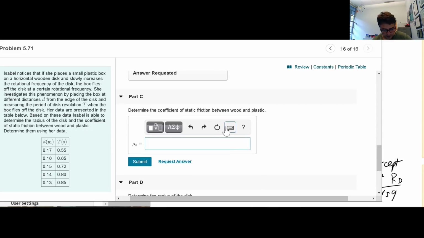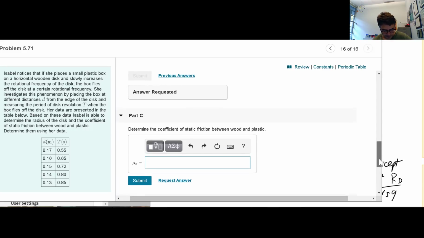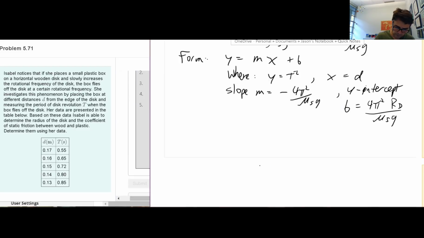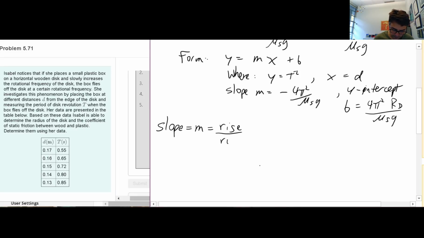Part C is determine the coefficient of static friction between the wood and the plastic. Okay, so from that you need the slope of this. So the slope, which we called m, is equal to the rise over the run. So if we're looking at this table, we're actually looking at the rise of t squared divided by the run of d, right?